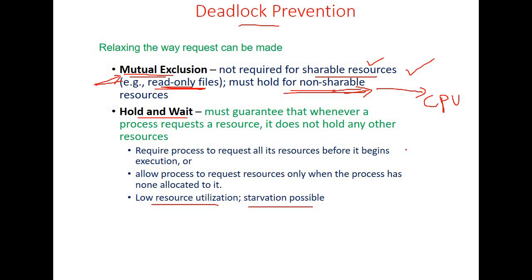If few resources are available and few are not available, then a process cannot hold those few resources and wait for a few more resources. The condition is here either the process should not have any resource with it, or a process should request all the resources at the beginning itself. If all are available only, then it is allocated to the process. So that is the requirement for hold and wait.